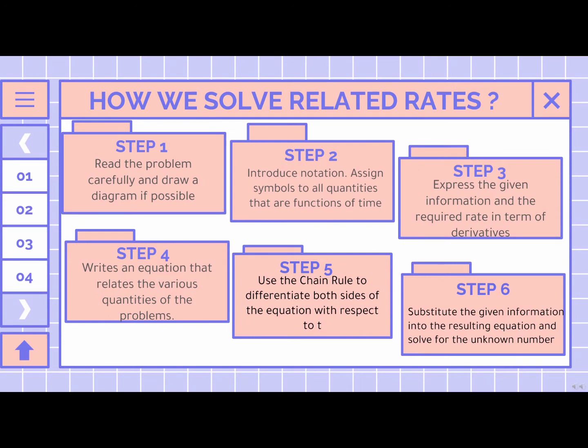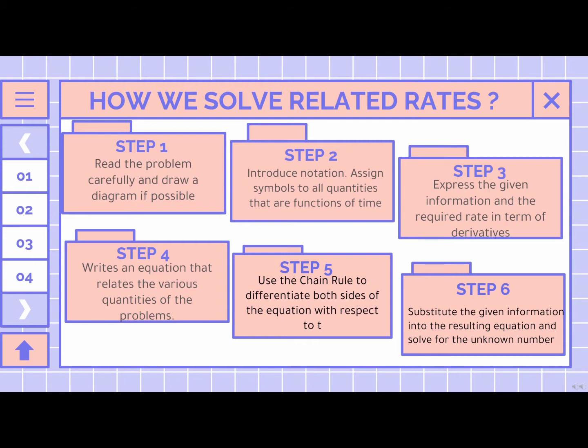How do we solve related rates exactly? The first thing is you need to read the problem carefully and draw a diagram if possible. After that, we need to introduce notation. Assign symbols to all quantities that are functions of time.